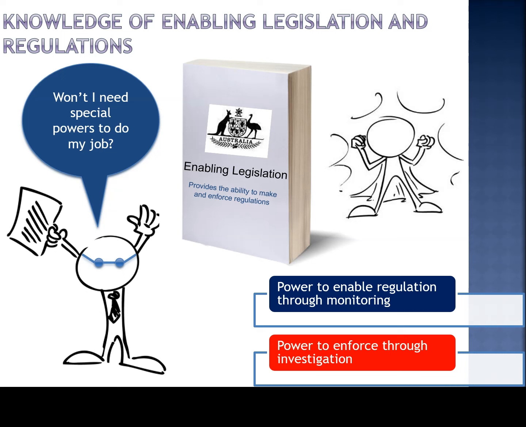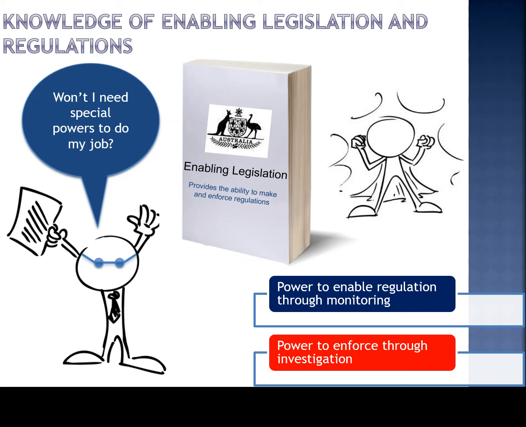But the government's just not going to give you free rein as an authorised officer to do whatever you want, whenever you want, and however you want. So they put particular requirements around the powers so that those powers are used responsibly, ethically, all those sorts of requirements that the government places around those.